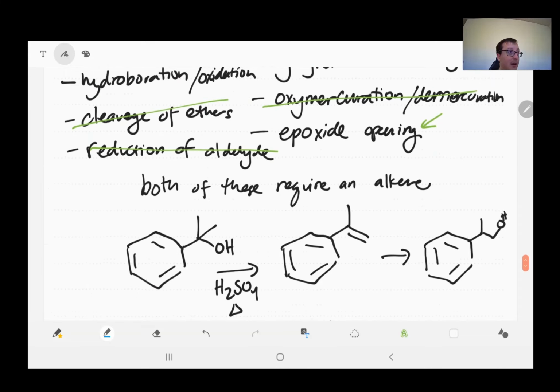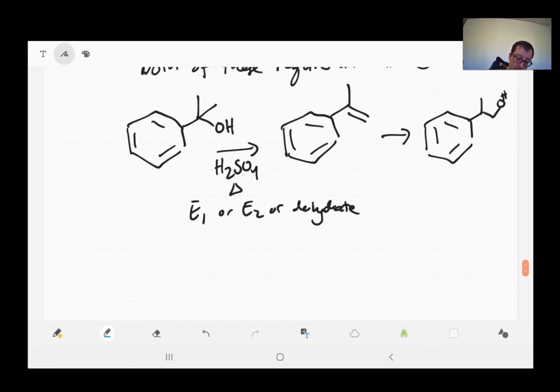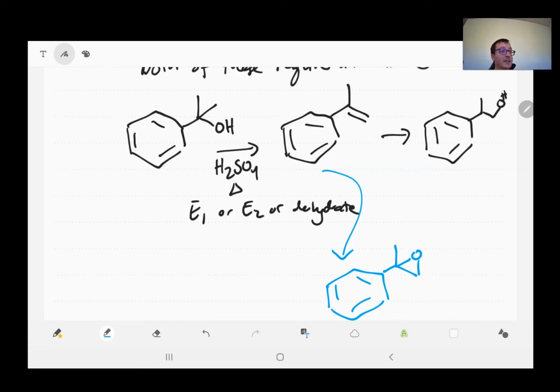If we do an epoxide opening, what's going to happen there is if we make the epoxide, we're going to need something that is going to attack the more substituted side. Remember that we saw if you have an acid catalyzed opening, we can get it on the other side, but we're probably going to end up having some trouble with this one, because most nucleophiles to pop open will attack this one.